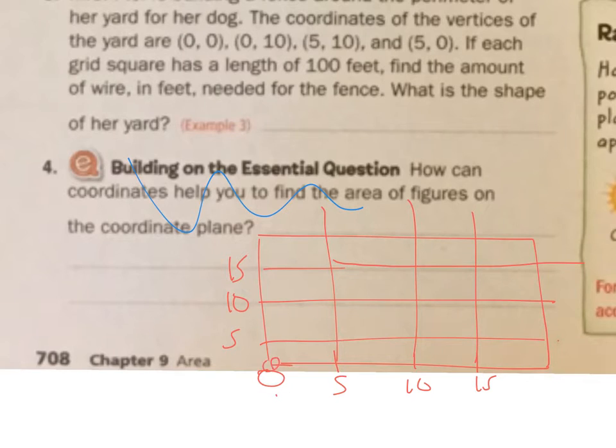So let me do the first one. 0 and 0 is right there. We'll call that A. 0 and 10, call that B. Then we have 5 and 10, call that C. And then D is 5 and 0. Okay, so it is a rectangle.